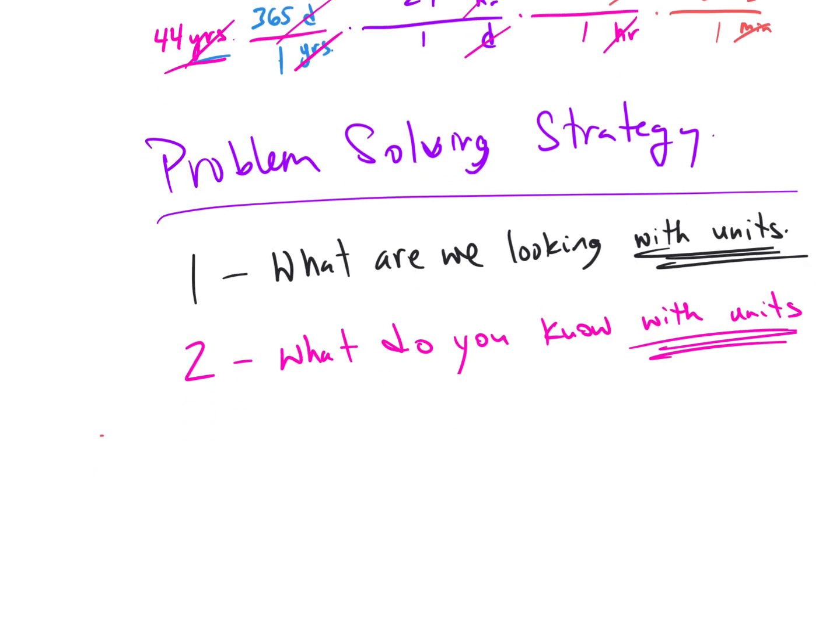Sometimes you're given multiple things. Does it matter? Now you just have to pick one of them. That's it. You just pick one. So step 3, start with what you know.